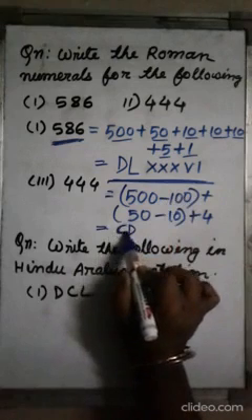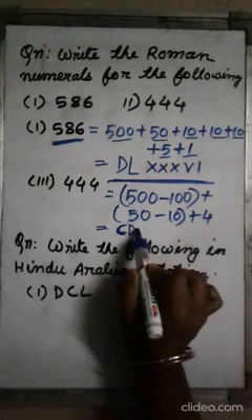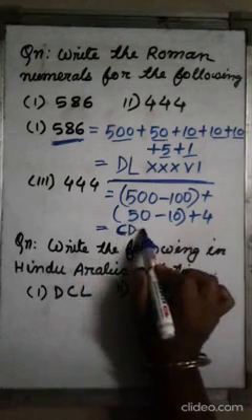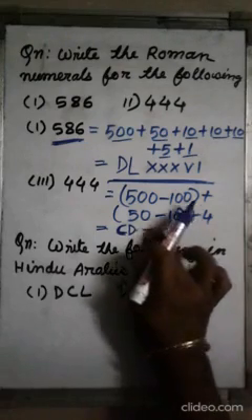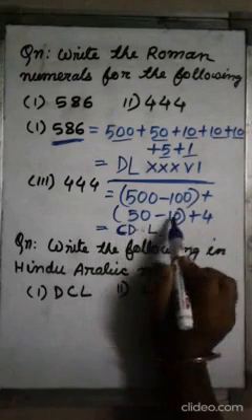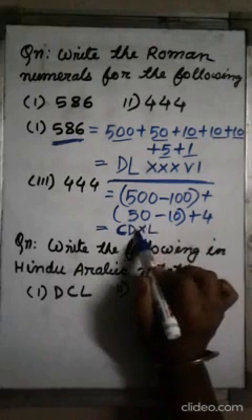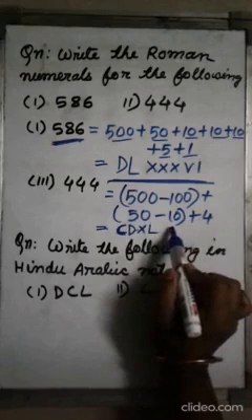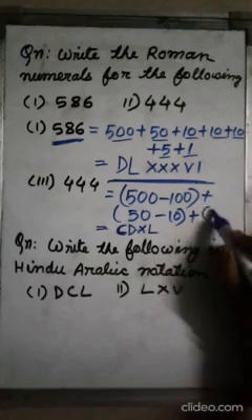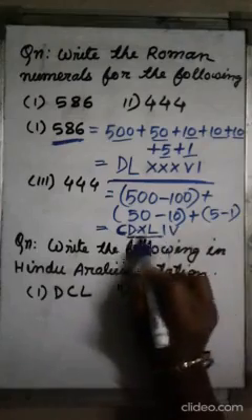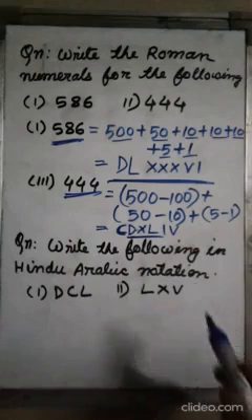If I write this before 500, if I write 100 before 500, then it will represent 400, plus 50 is this, minus 10 is this, plus 4 is nothing but 5 minus 1, so I and V. So this will be the symbol for this.